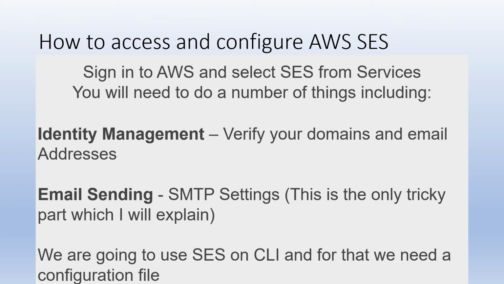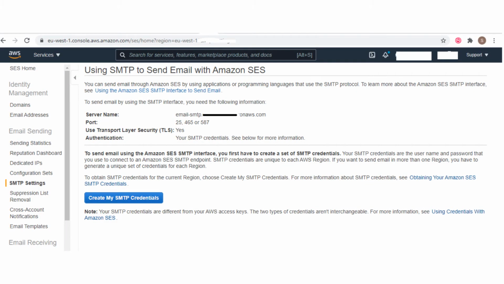The end game for AWS SES for us is that we need a configuration file, and we're going to use that configuration file to send emails from the command line interface, i.e. CLI. After you've selected AWS SES, you go down and you can see there's a button for create my SMTP credentials, so we follow those instructions.